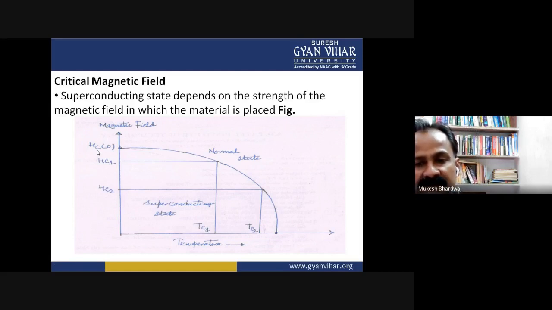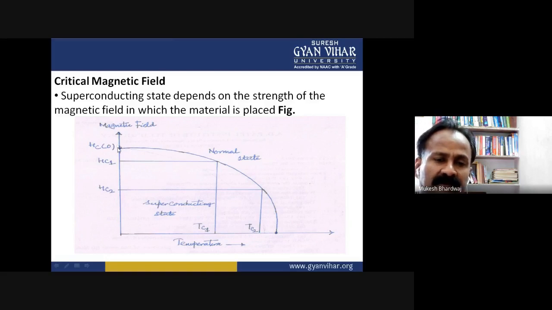Below these points, the material behaves like a superconducting material, or it is in the state of superconduction. When you go on increasing the temperature, the magnetic effect vanishes and the critical magnetic field Hc is also removed, and the material converts into the normal state.